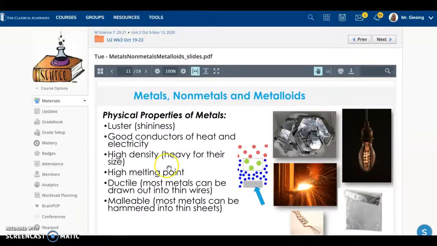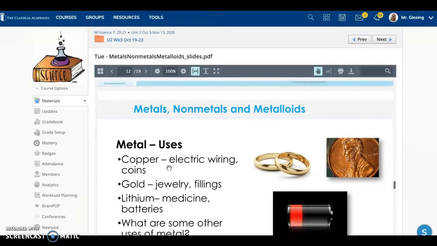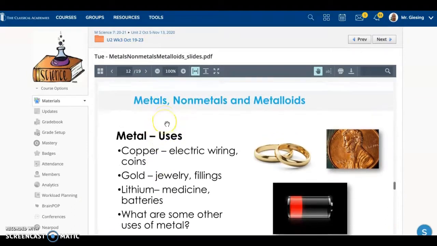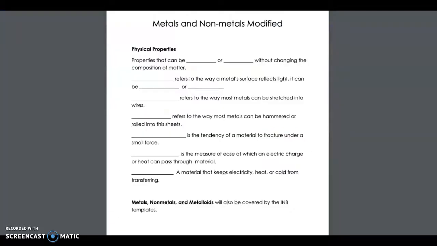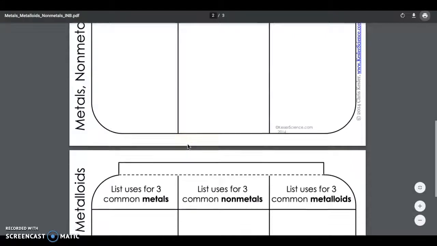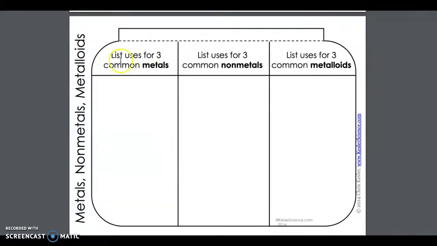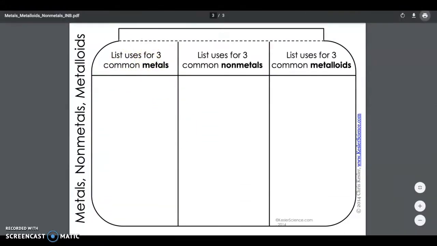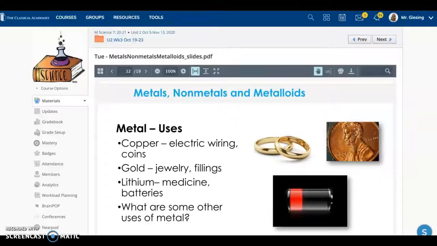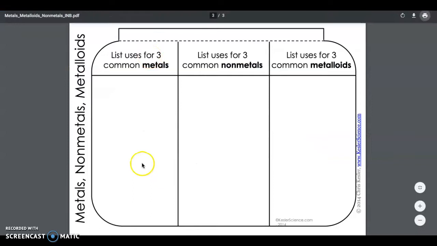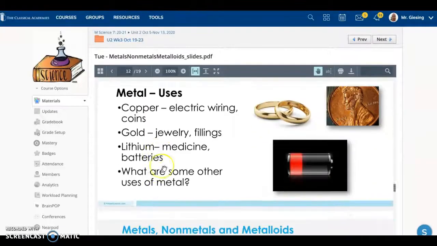Now next in the slides, it talks about uses. So now in your notes, we're going to come over to this paper, and we're going to have 3 common uses for metals. So all the information that's here, you're going to put in this column here. Now we're going to go back to the slides.